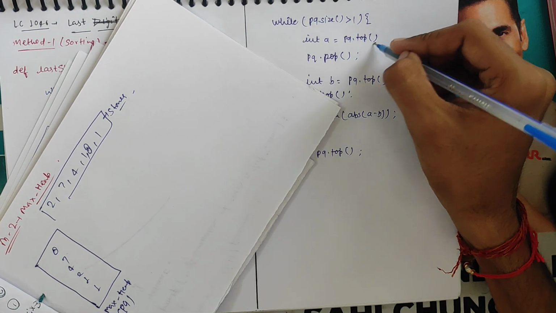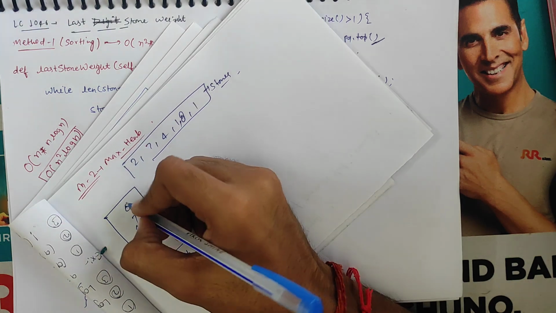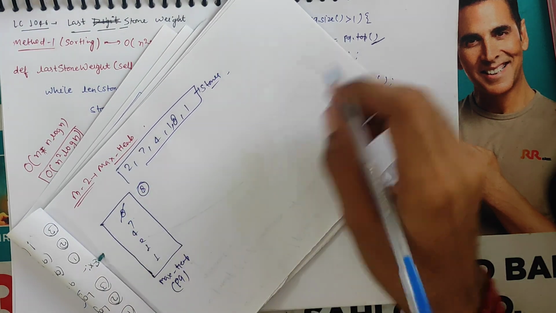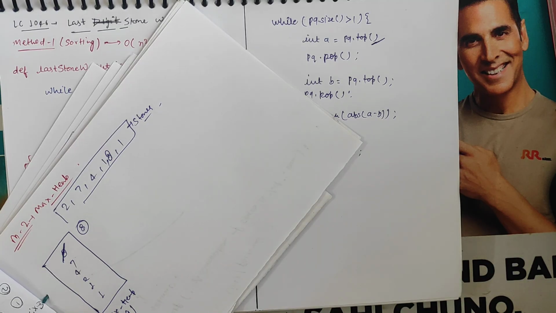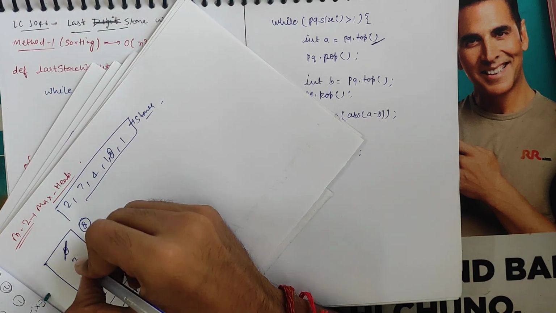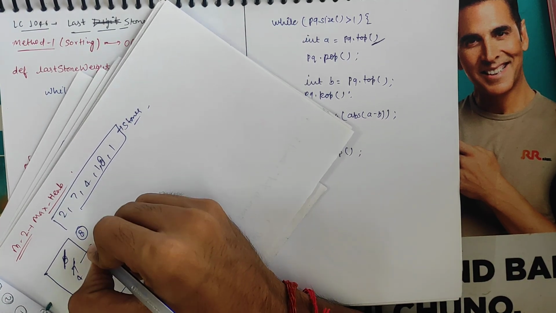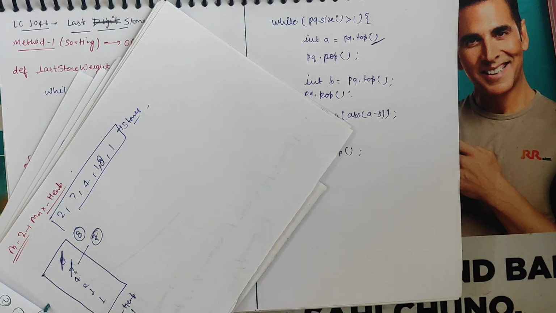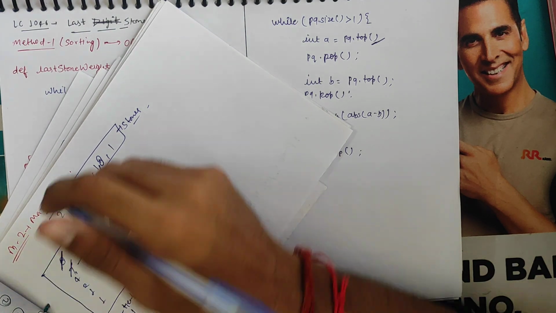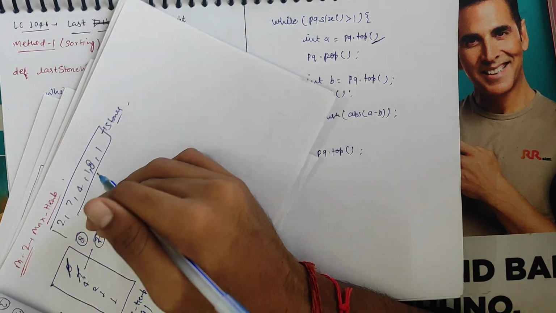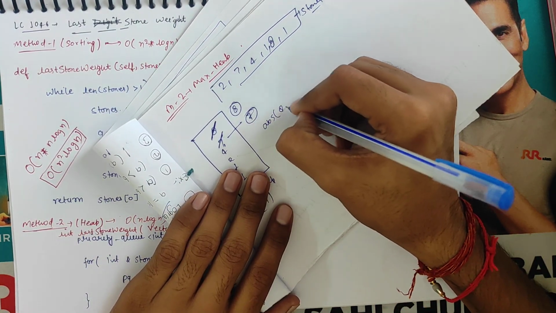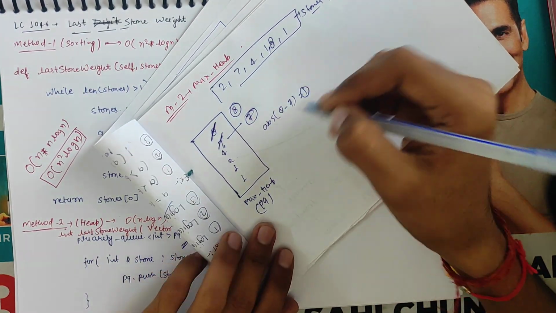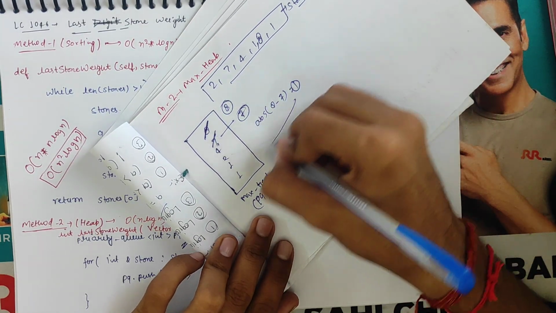First we pick the topmost element from the heap, which is 8, and we pop it out. Again we pick the topmost element, 7, and pop it out. After that we store the absolute value of 8 minus 7, which is 1, into the max heap. So 1 will align itself here.